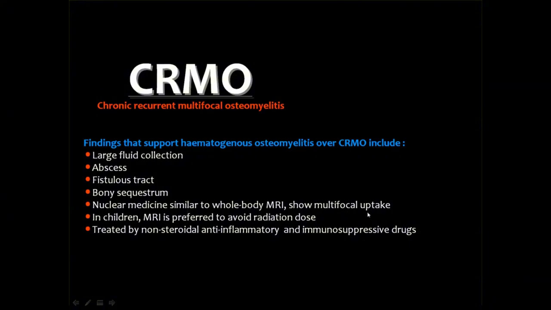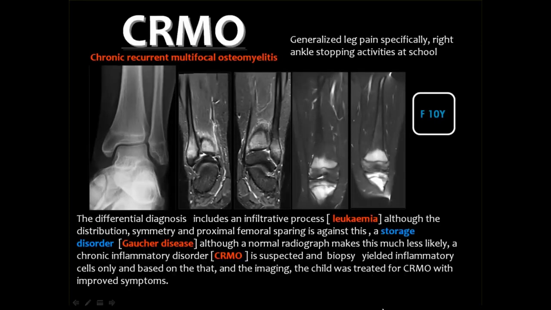The bone scan or the MRI may show multifocal uptake in this disease, but localized uptake in hematogenous osteomyelitis. MRI is preferred, of course, in children because of the radiation. Then the treatment of CRMO is by non-steroidal anti-inflammatory and immunosuppressive drugs.